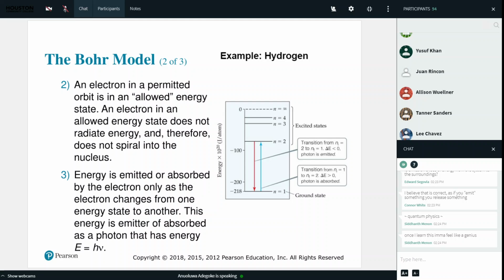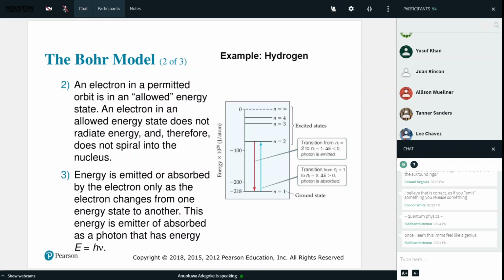Basically, electrons can only be found in certain levels. Energy is emitted or absorbed by the electron only as the electron changes from one state to the other. This energy is emitted or absorbed as a photon that has energy.